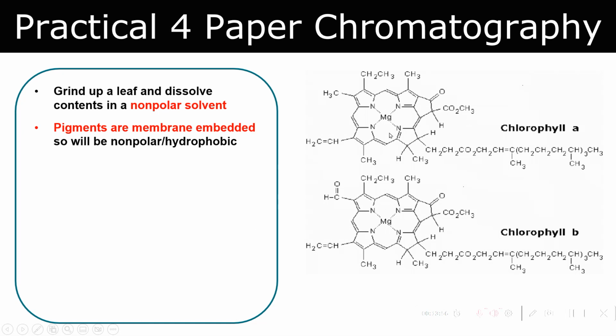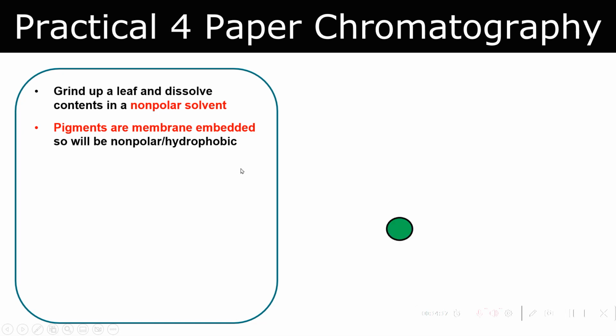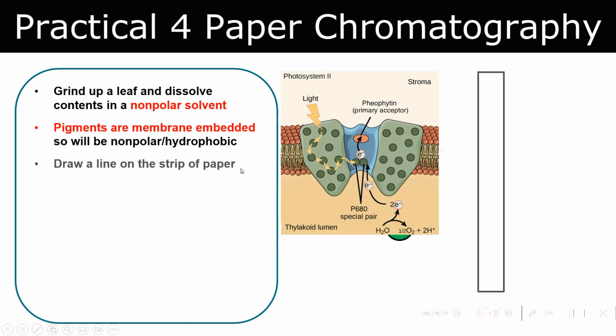They're hiding out in photosystems 2 and 1. So they're in the membrane. And so if you want to dissolve them, you need to use a nonpolar substance because the interior of the membrane is nonpolar.